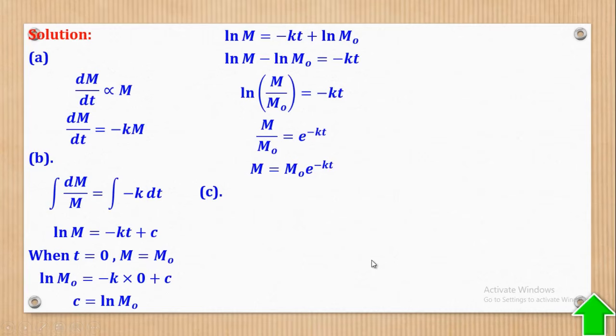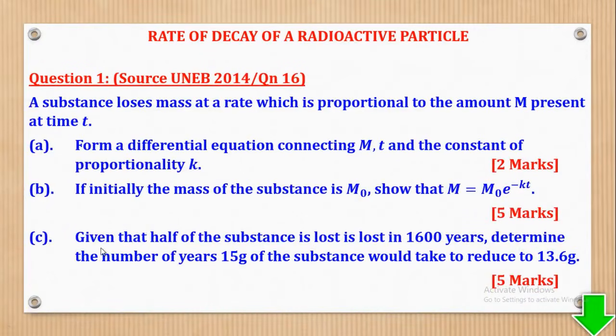So now we shall go to part C. Part C is given that half of the substance is lost in 1600 years. Determine the number of years 15 grams of the substance would take to reduce to 13.6 grams.